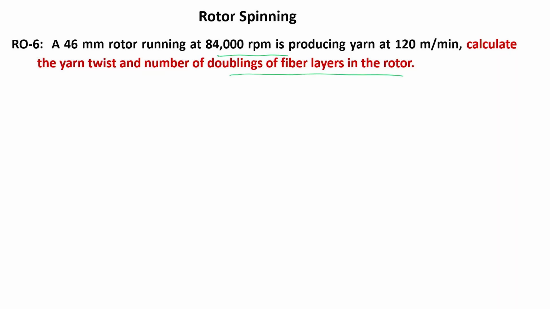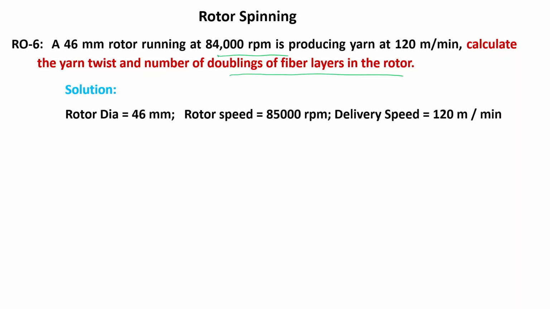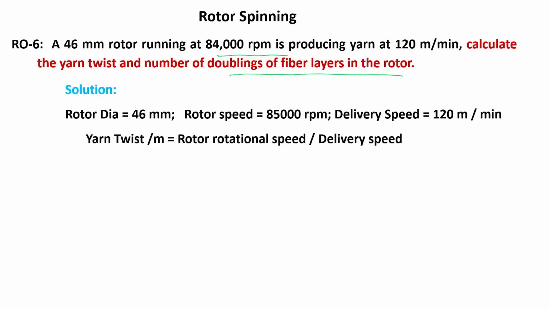So, one is rotor yarn twist and number of doubling. So, rotor twist we can calculate easily. So, rotor diameter is given, RPM is given and delivery speed is given. So, rotor twist is rotor RPM divided by delivery speed. So, it will be 700 twist per meter.